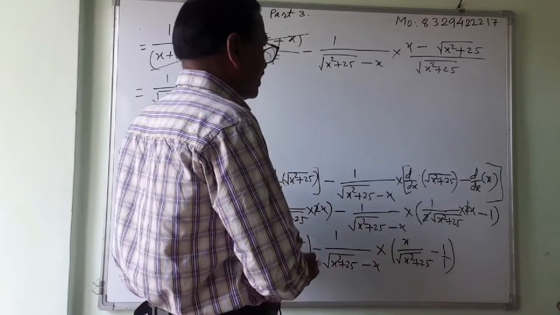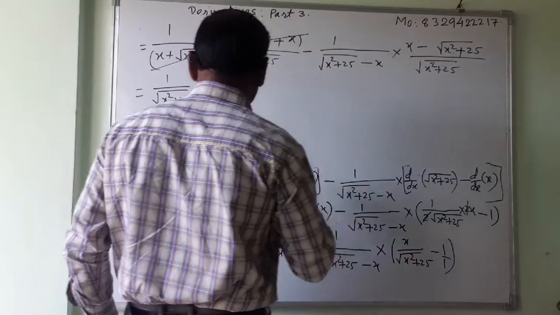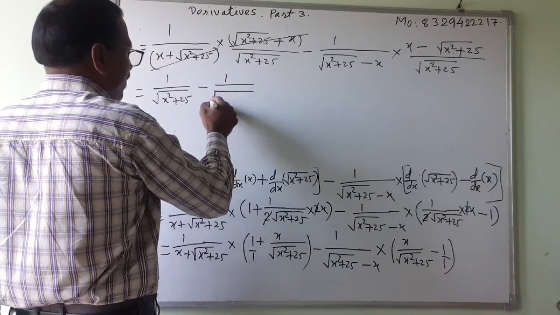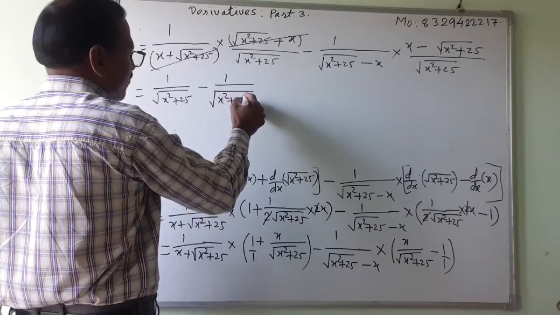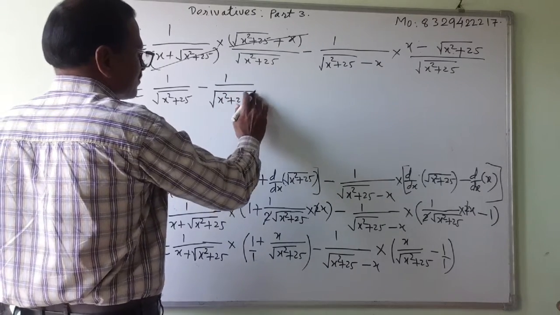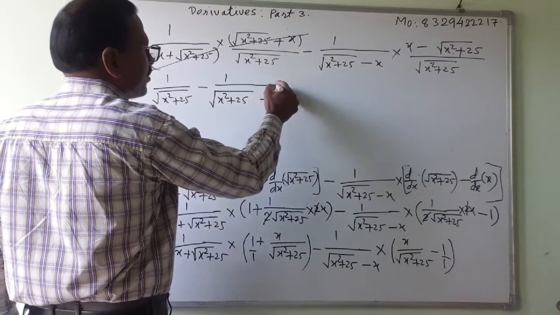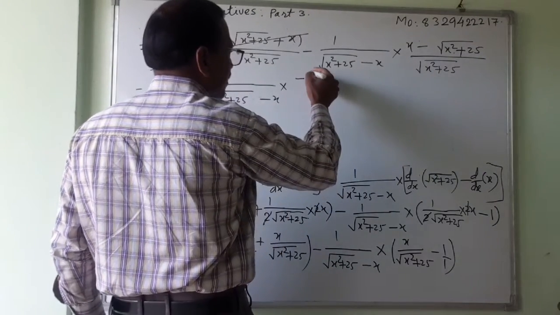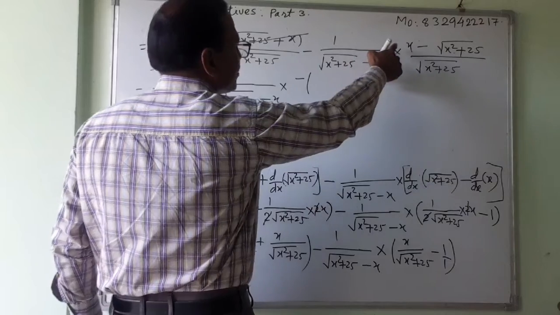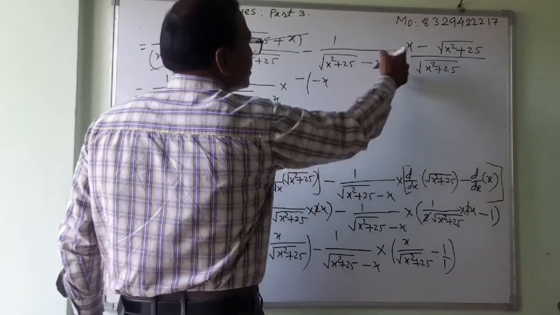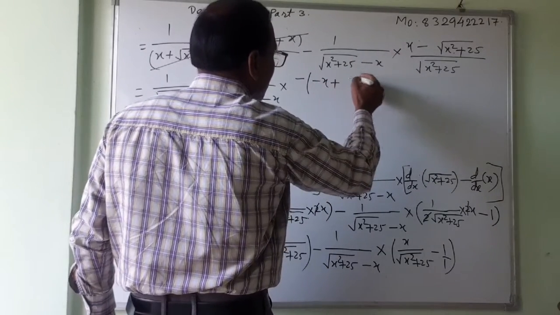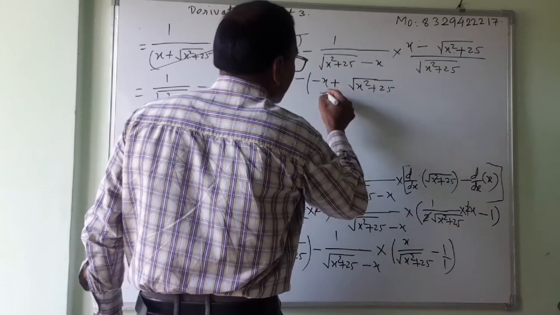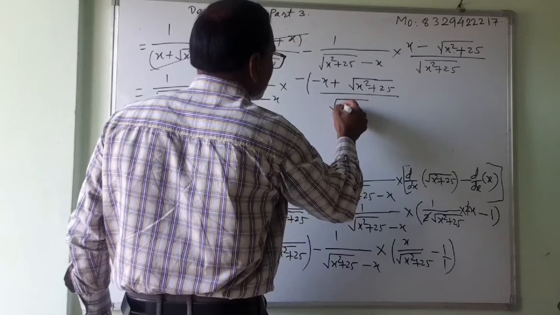So what I will do is, I will take minus out. Minus, this is 1 upon root of x square plus 25 minus x into, if I take minus out this way, this will become minus x, this will become plus under root of x square plus 25 and upon root of x square plus 25.